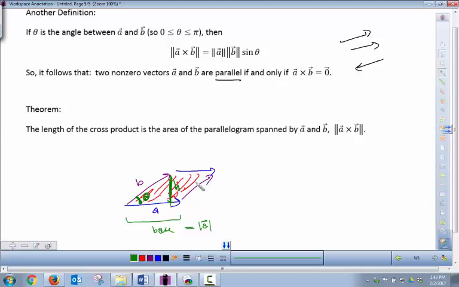So I want to know what H is. I know that sine of theta is equal to the H opposite over the magnitude of B. So that's just magnitude of B sine theta.